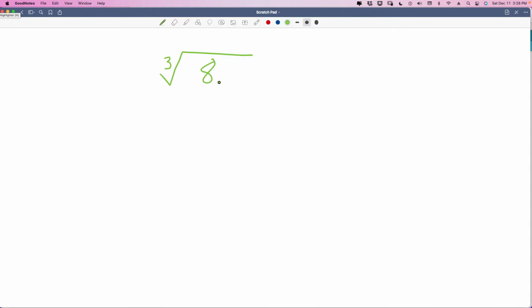That's what we're asking. And in this case, we know that 2 times 2 times 2 is 8. So this factor is used 3 times to give us 8. So the answer to this is 2. We can do the same thing with fractions.